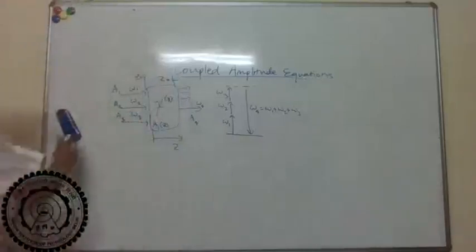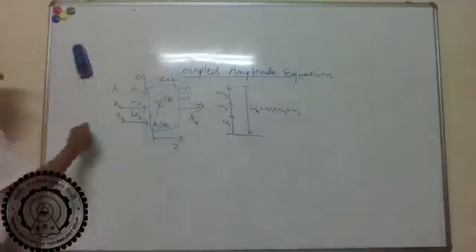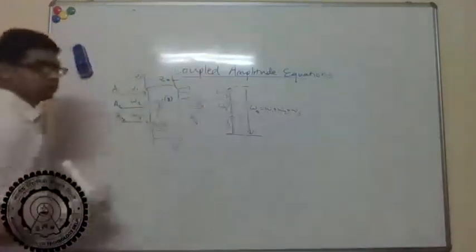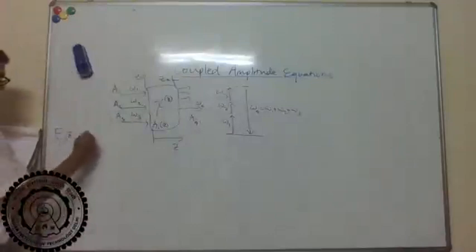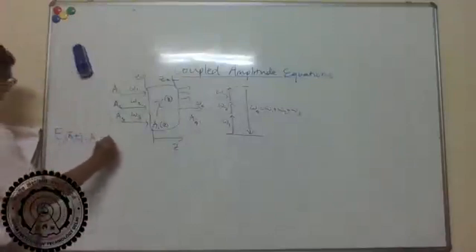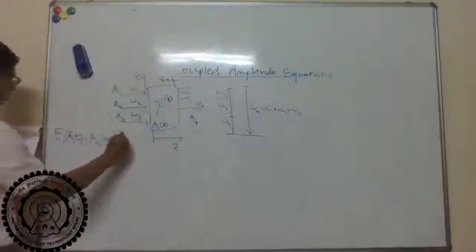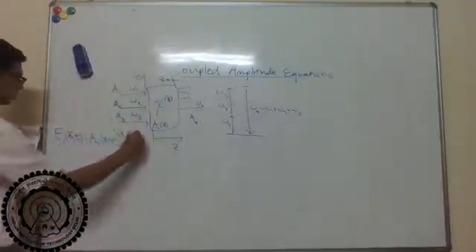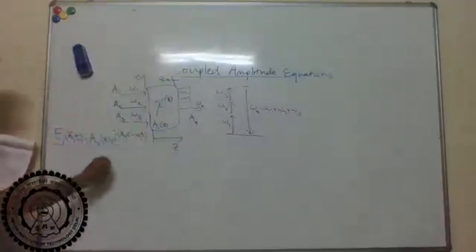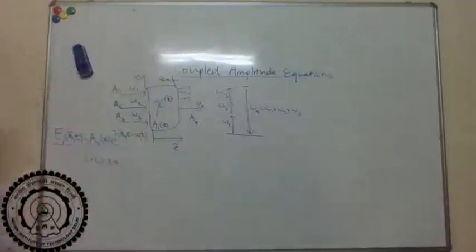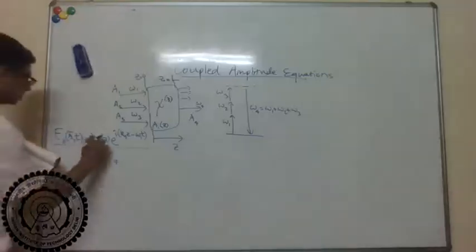Let's say my medium goes from z equal to 0 to z equal to L. Inside the medium I have 4 different fields present. So the electric field corresponding to any of them I can write like this, where n is 1, 2, 3, 4.